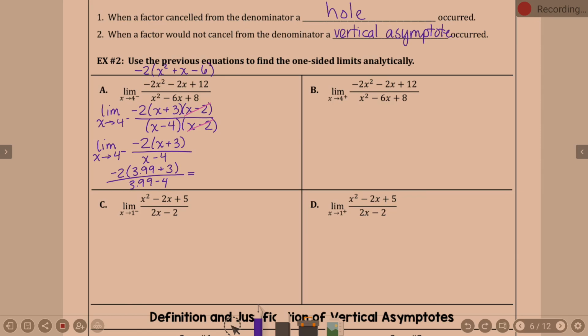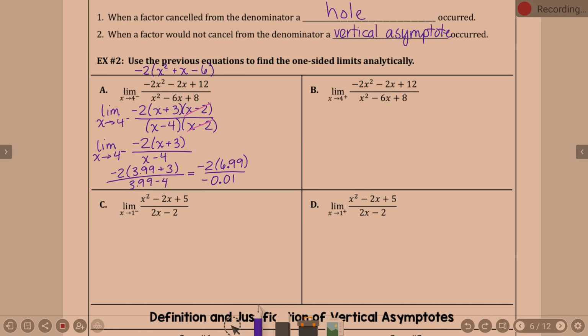So now basically, I have -2 times 6.99 over -0.01. So it's just going to be infinity.